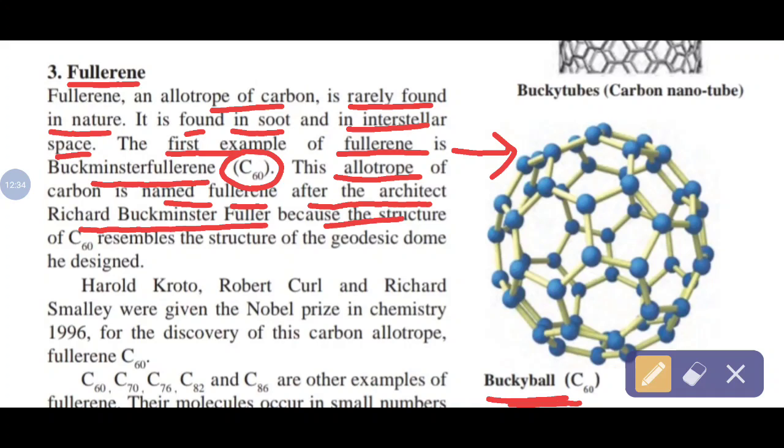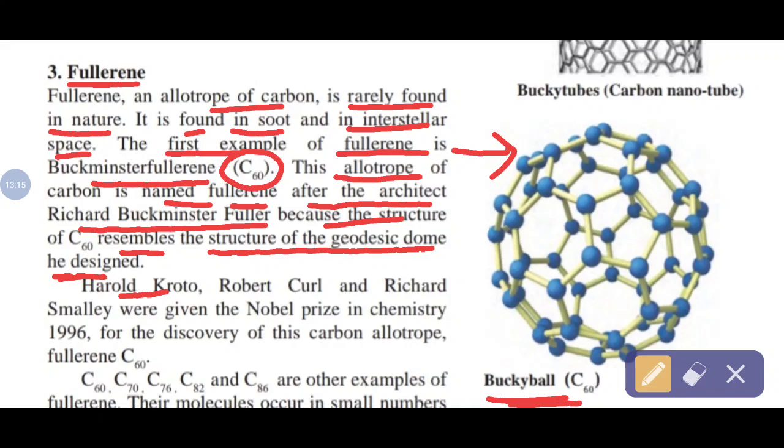Because the structure of C60 resembles the structure of the geodesic dome he designed, like a ball that is shown in the figure. And that's why the name fullerene was given to this allotrope.